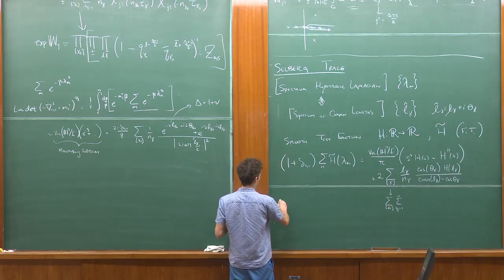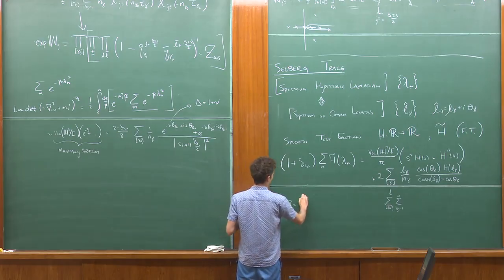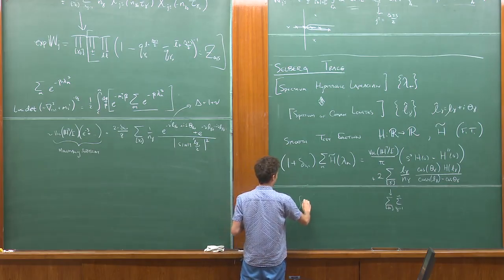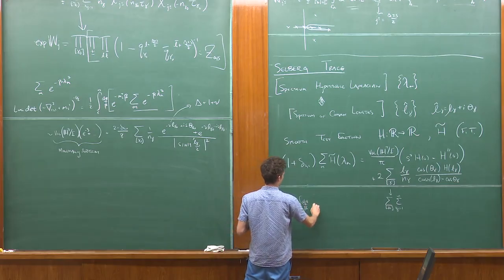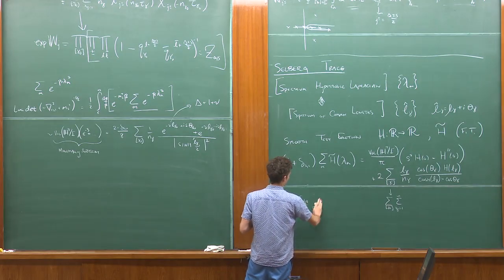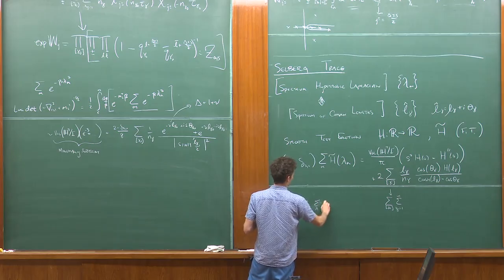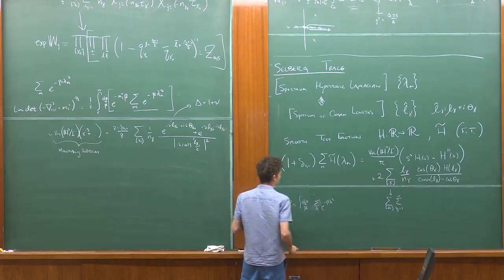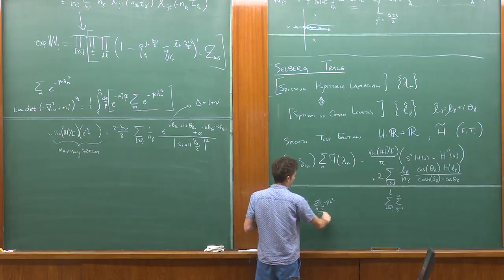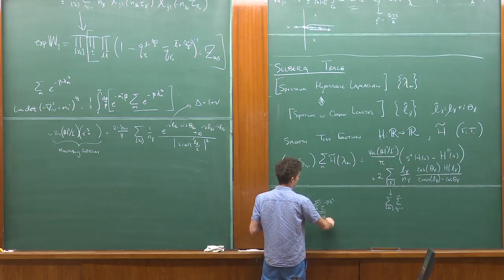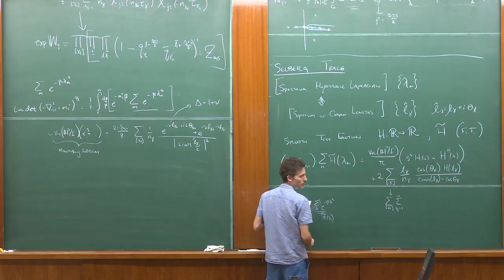So the first step is I write log Z as a Schwinger parameter integral, d beta e to the negative beta, summing over all the spectrum, e to the negative beta lambda. And then I say this I can think of as h tilde of lambda.